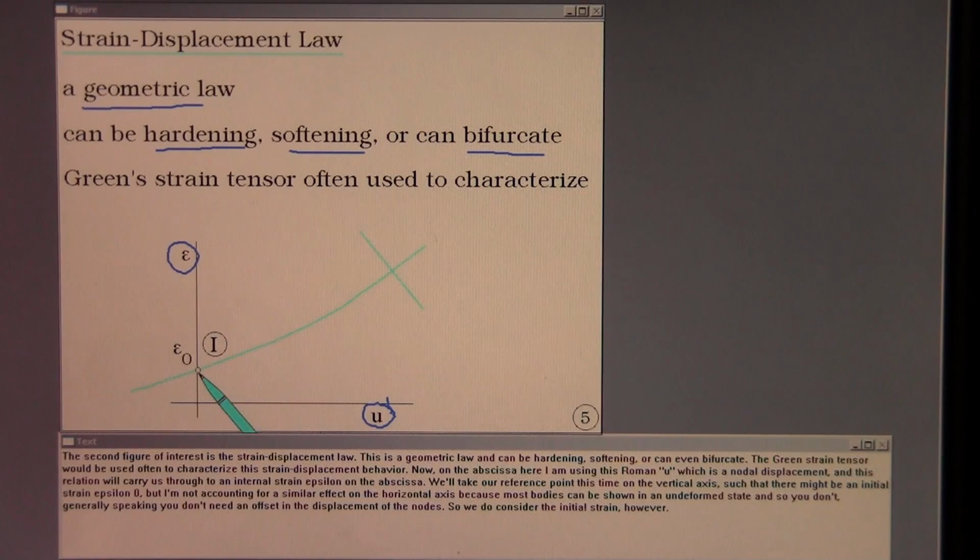We'll take our reference point this time on the vertical axis, such that there might be an initial strain epsilon 0, but I'm not accounting for a similar effect on the horizontal axis, because most bodies can be shown in an undeformed state, and so generally speaking you don't need an offset in the displacement of the nodes. So we do consider the initial strain, however.